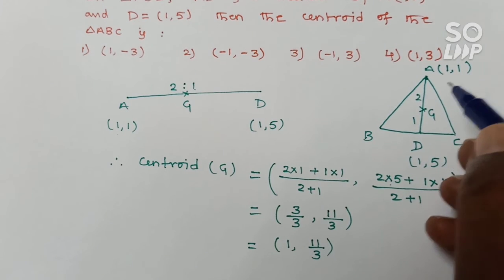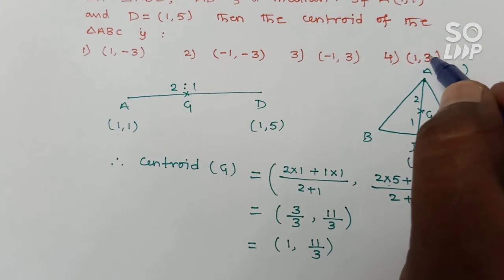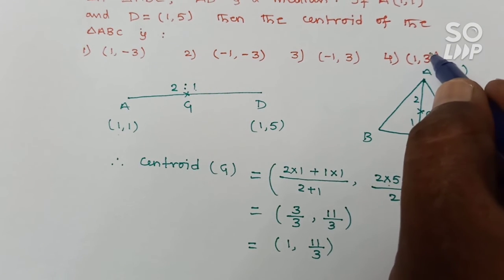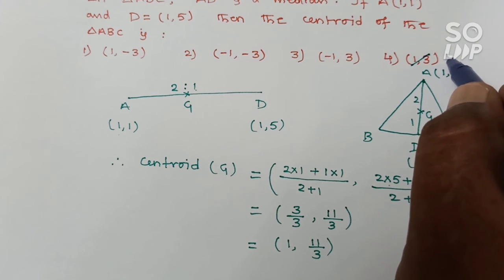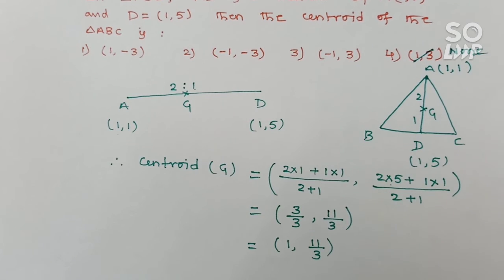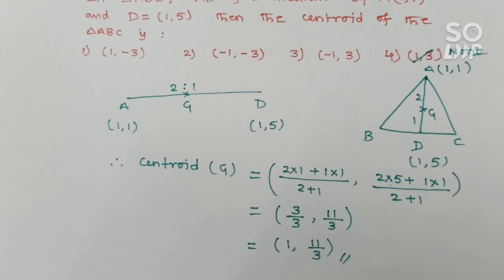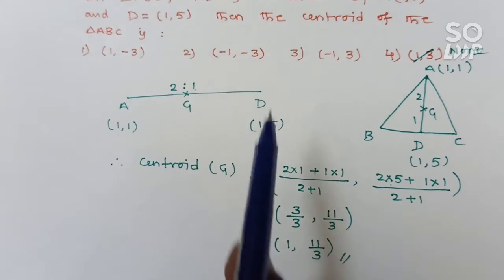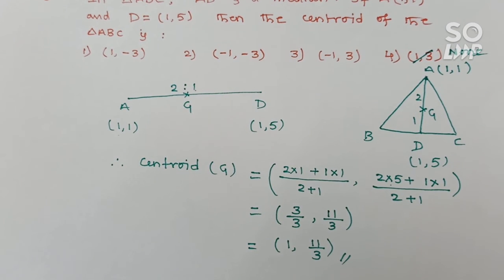So there is some mistake here, so for this option you take none. The correct answer is 1 comma 11 by 3. So according to the given information, the centroid is 1 comma 11 by 3. Now we will see the next question.